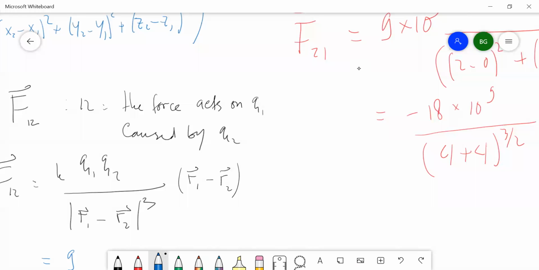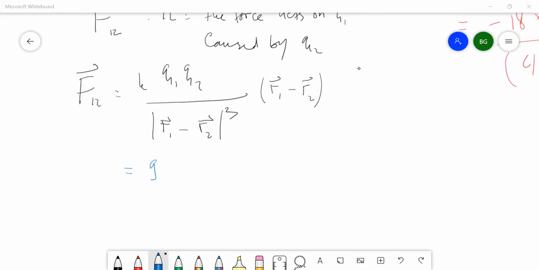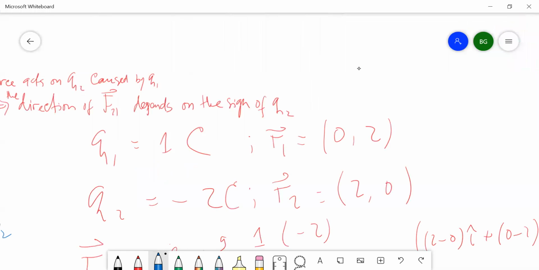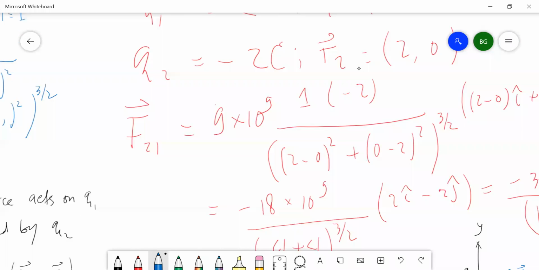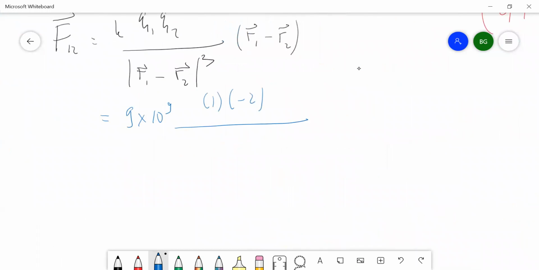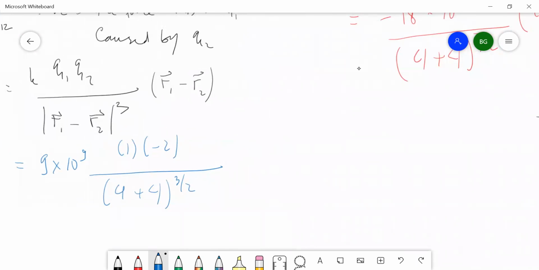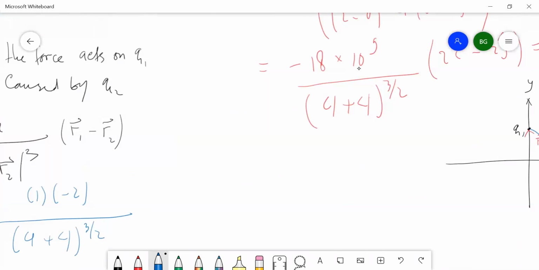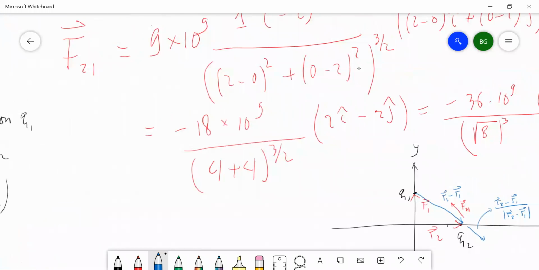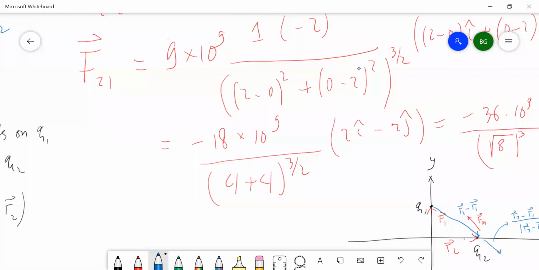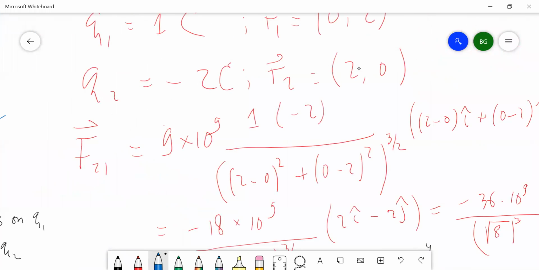Okay, we have 9 times 10 to the 9, 1 times minus 2 over 4 plus 4 to the 3 over 2, and then R1 minus R2.